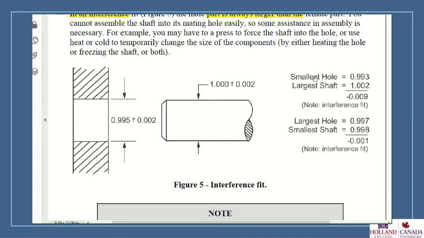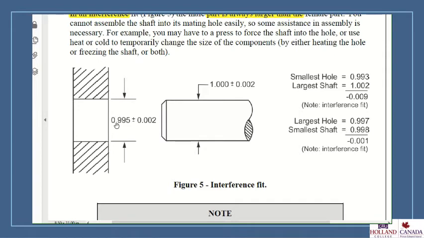Okay, so the smallest that hole can ever be is 0.993. The largest that shaft can ever be is 1.002. So we're going to have an interference there, negative 0.009. The negative means an interference. Let's look at those two parts in their other conditions. So let's move that hole up to the largest the hole can be.